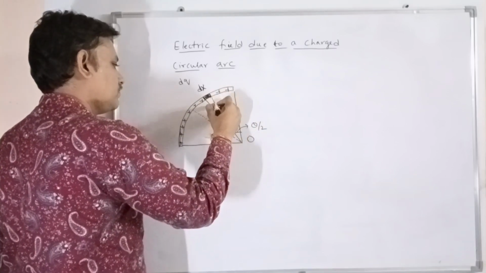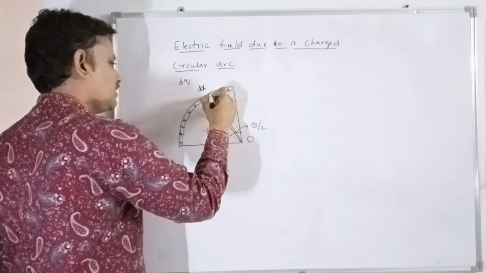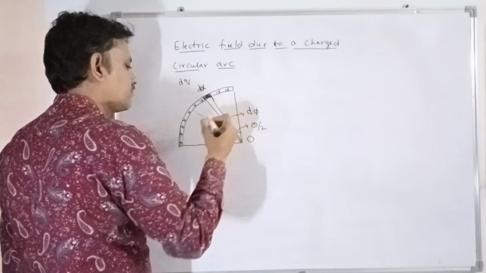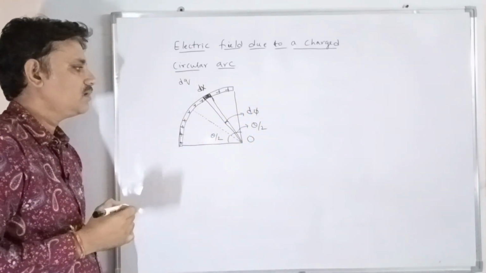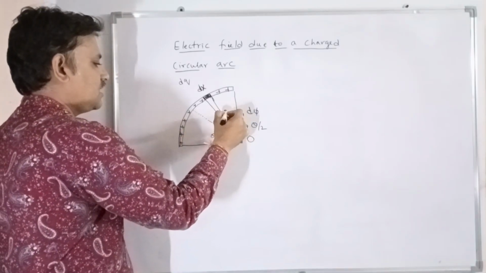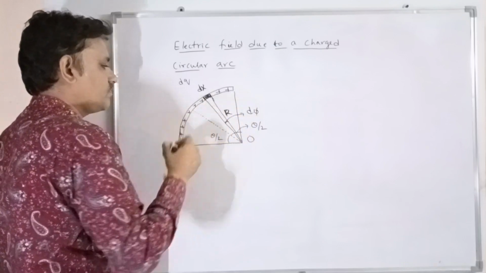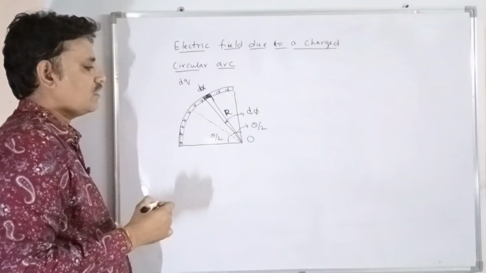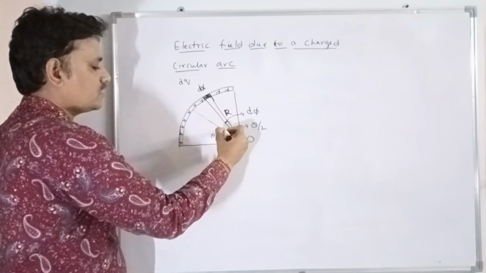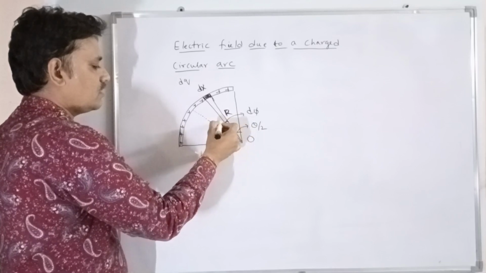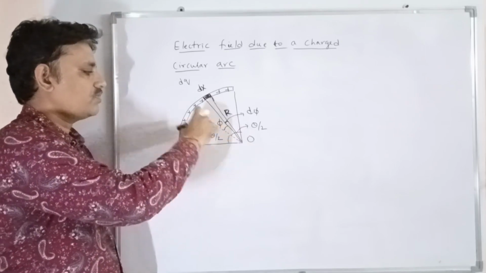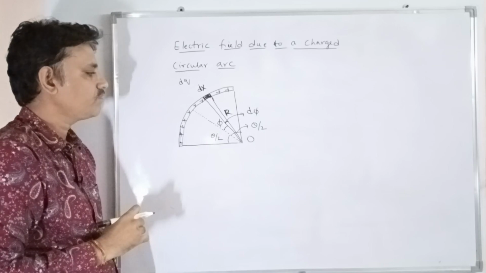The small element makes an angle d phi at the center, and this is the radius r of the circular arc. The small element is at an angle phi with respect to the center line, the dotted line we drew.